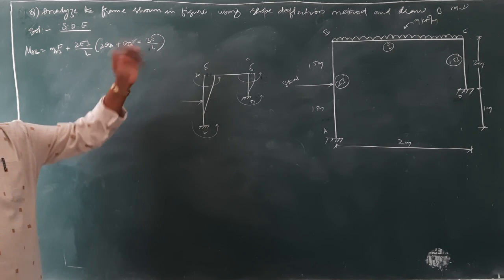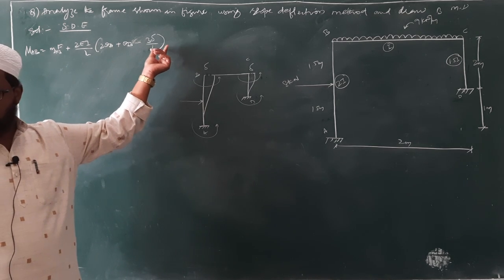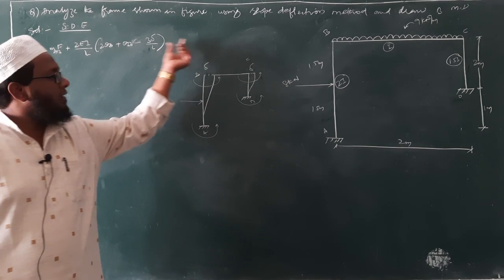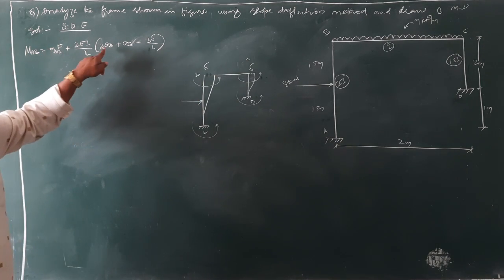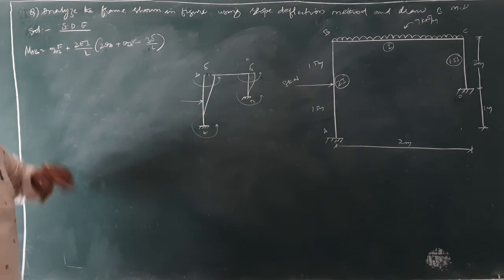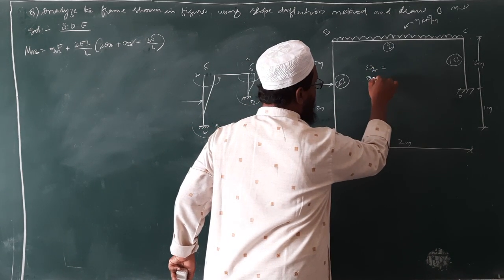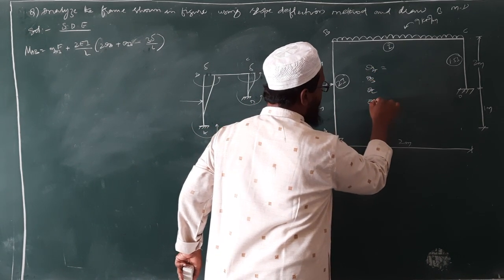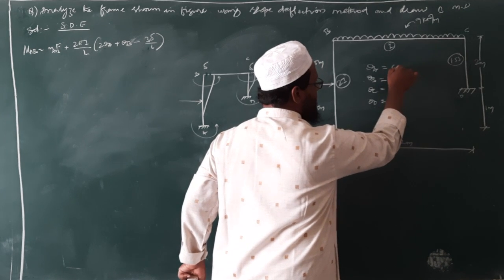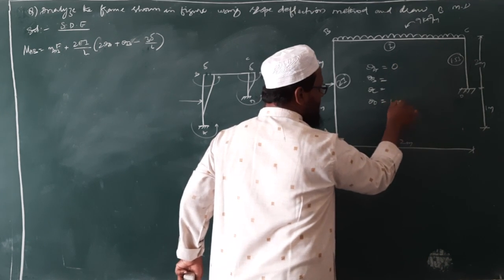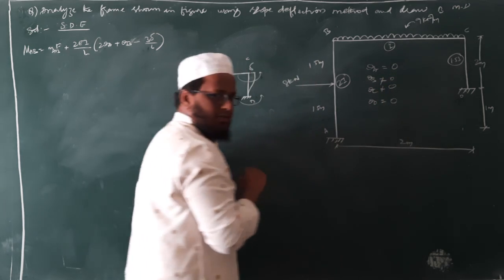Okay. So here in this sway analysis, what we are doing? We are keeping 3 delta as it is in the equation. We are not taking out minus 6 EI delta here. Okay. So here, can you tell me what about theta A, theta B, theta C and theta D? Theta A is equal to 0, theta D is equal to 0, theta B and theta C is not equal to 0, isn't it?